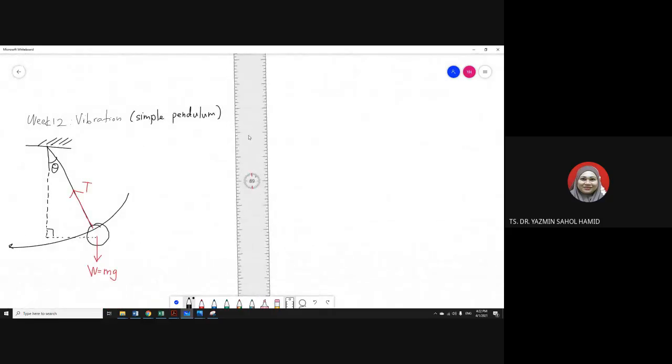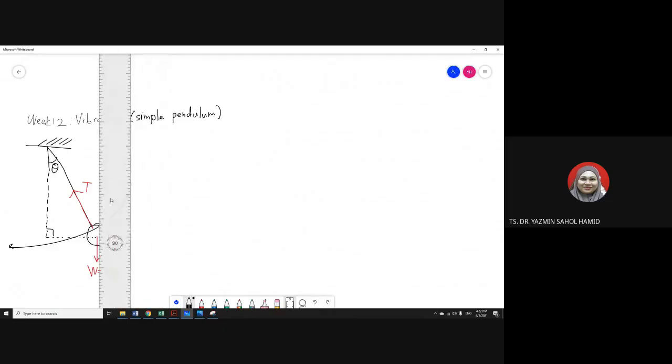Just bear with me. Let me use this ruler. So this will be 90 degrees. Mana pergi pembaris? Hilang dah. Oh, okay. So if that is theta, that is 90, then this one will be our 90 degrees also.